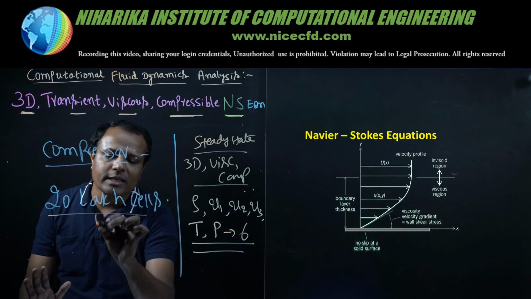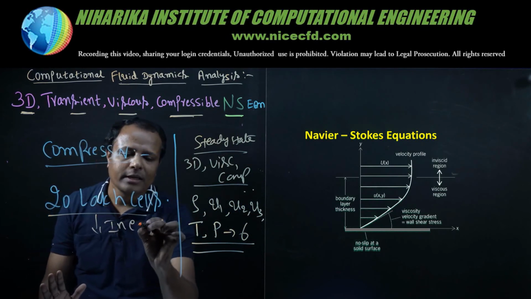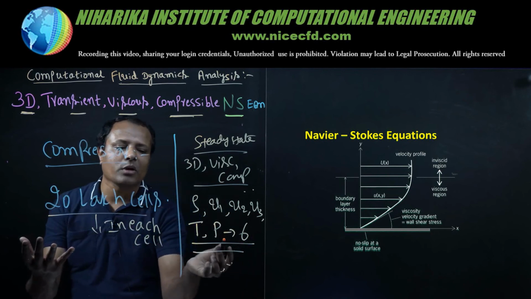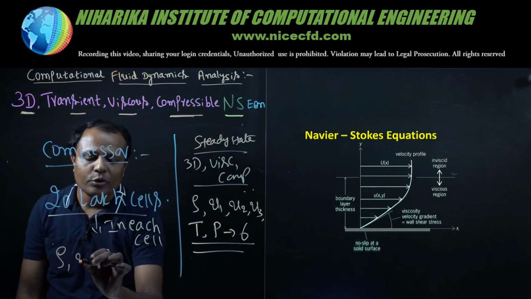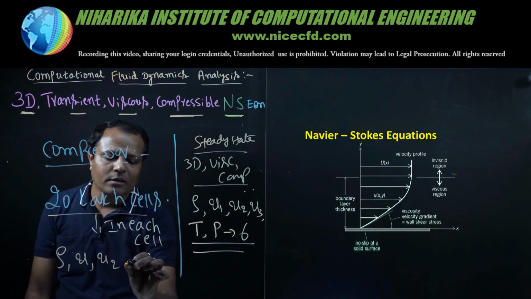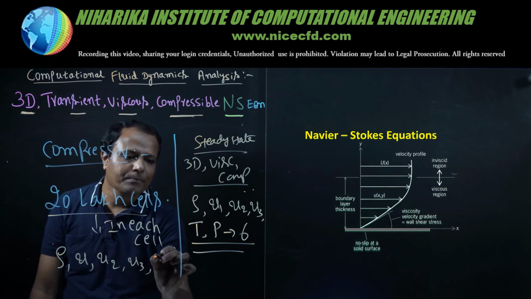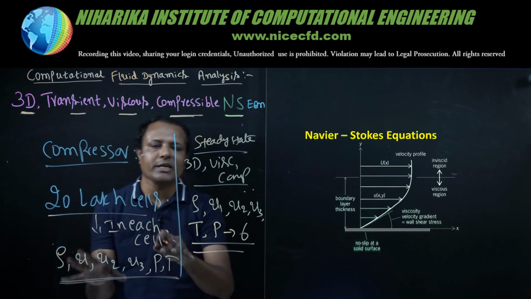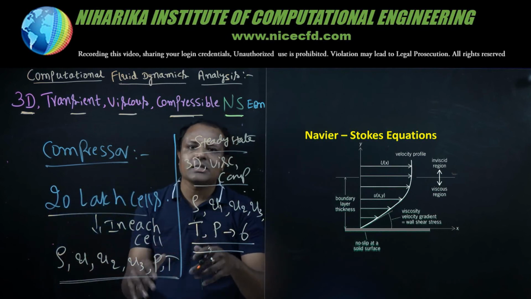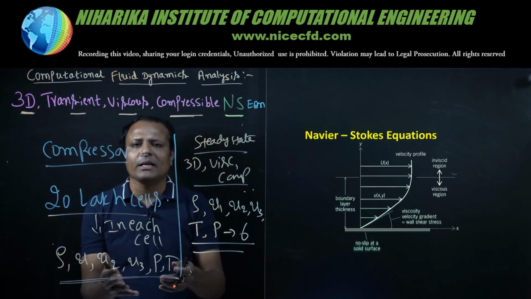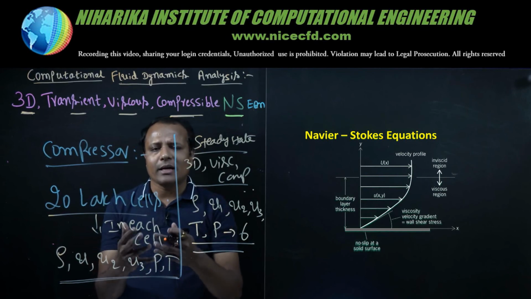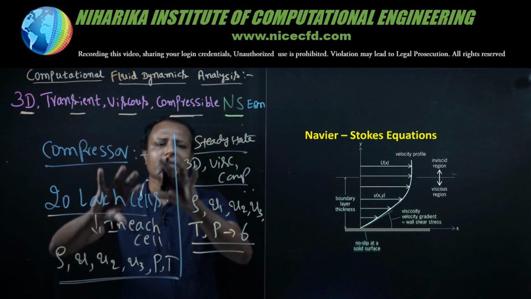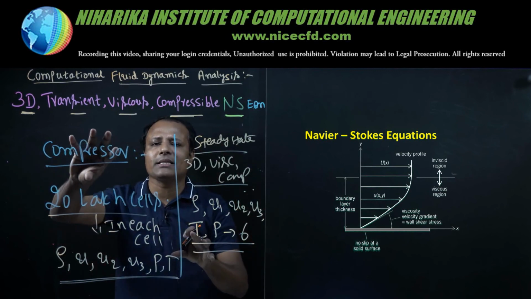In each cell, your CFD solver is going to compute the magnitude of rho, U1, U2, U3, pressure and temperature. So this much picture you should have. Still some more variables and other physical phenomena like boundary layer, conduction, convection, radiation effects, multiple things will come. But for the purpose of explaining, I have taken a simple case.